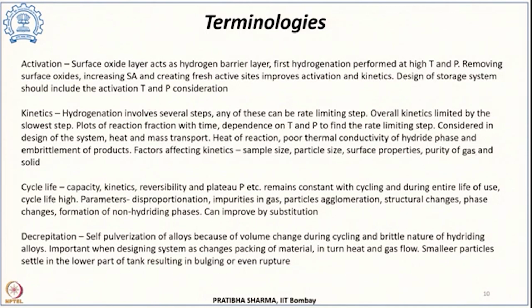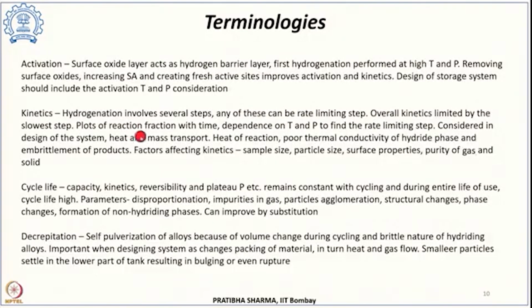Now another terminology that we use is the kinetics, and that we study in several other courses as well. We have seen in the previous class that hydrogenation of metal hydrides is a complex process, and it involves several steps that we have seen before. And out of these several steps, any of the steps could be a slower step.